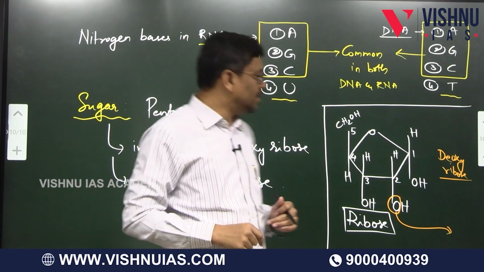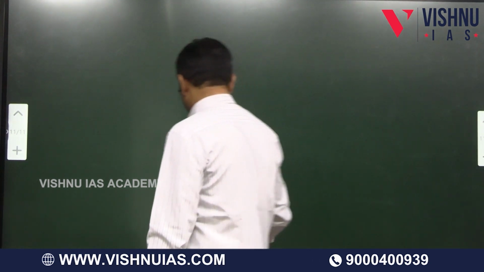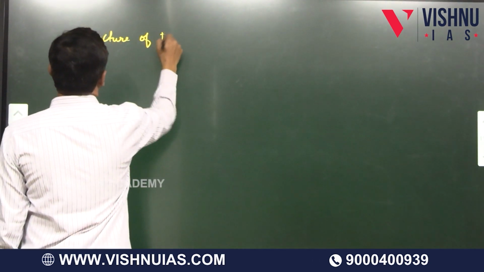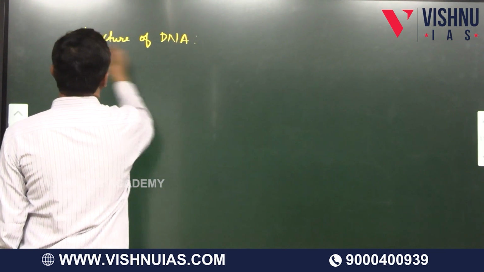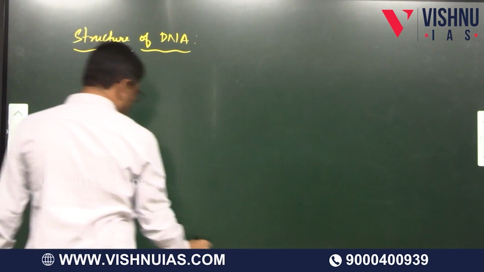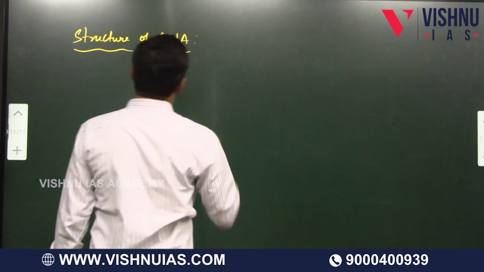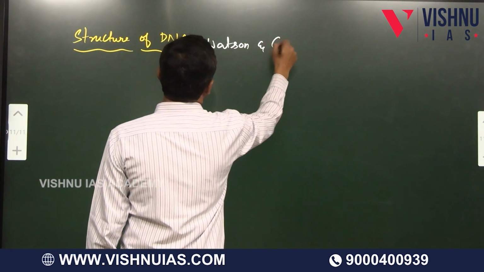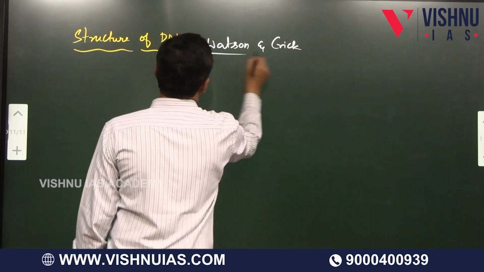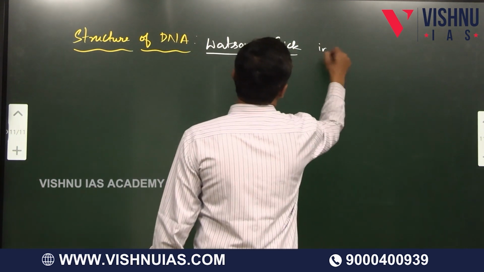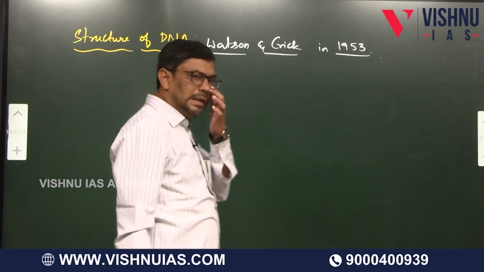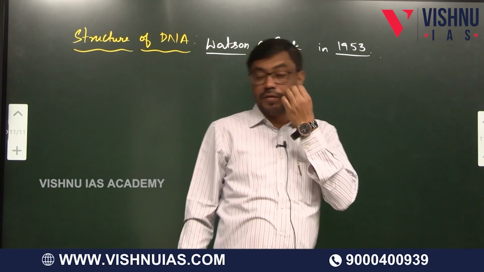Right. And then if you observe the structure of the DNA, this structure of DNA was proposed by the scientists called Watson and Crick in the year 1953. For that they got the Nobel Prize in 1954.